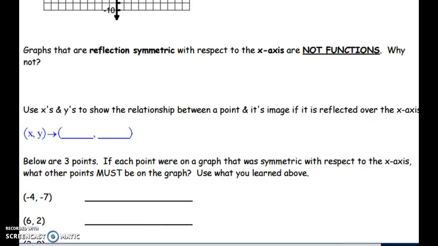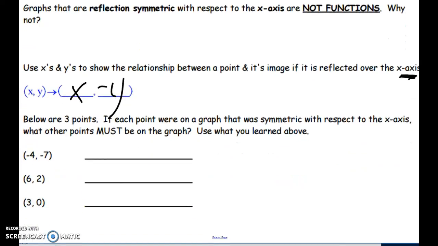So, in general, if we're reflecting something about the x-axis, it's the x value that stays the same, and the y value is what becomes the opposite. So you're given 3 points, and you're asked if they're reflected about the x-axis, what's the image point? Again, the image is the after point. The pre-image is the before, the image is the after.